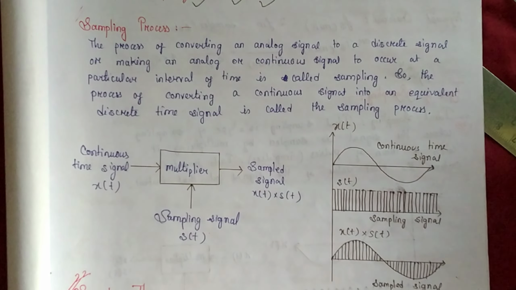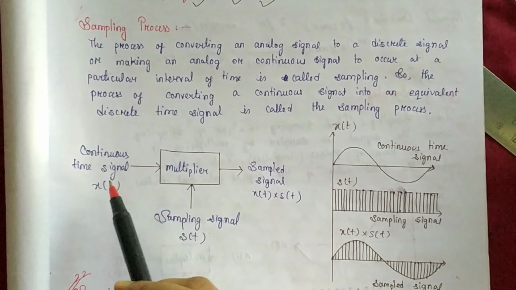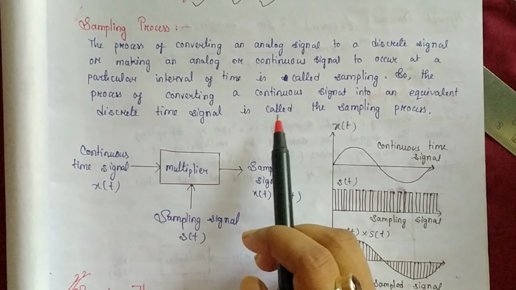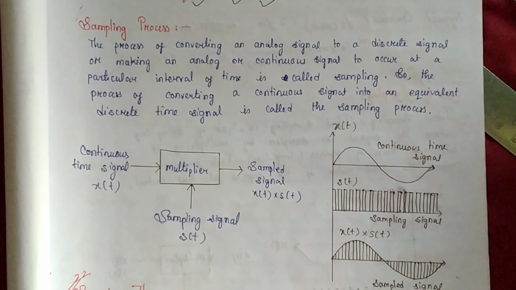The basic explanation of the sampling process is that it is the process of converting a continuous signal x(t) into an equivalent discrete time signal called the sampled signal.